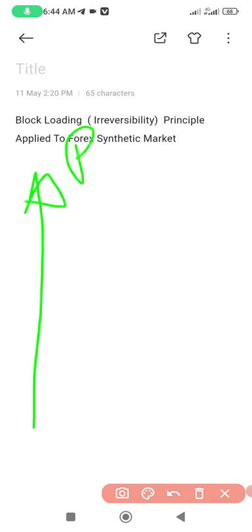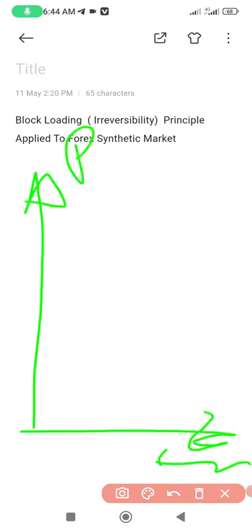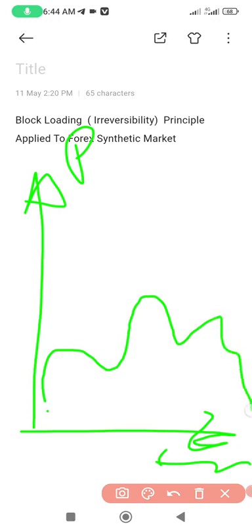This is the price axis and this is the time axis. If we have this kind of movement, and this kind of movement, this is a typical price movement.